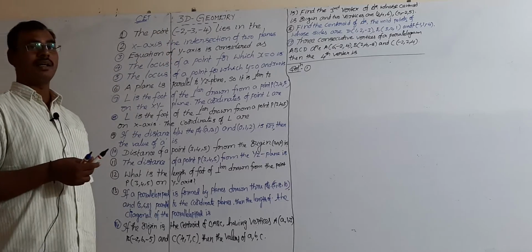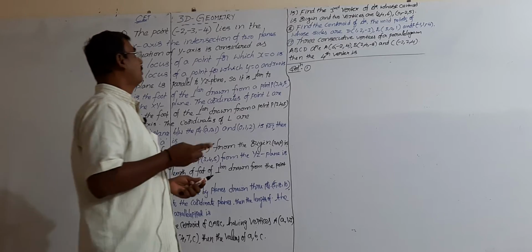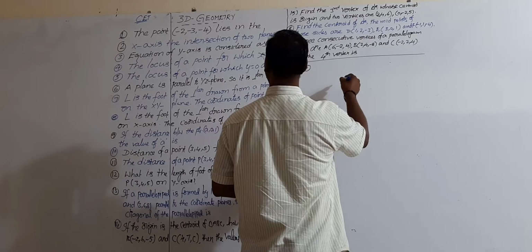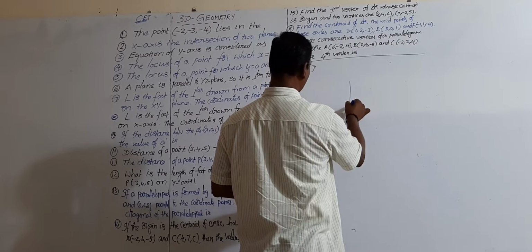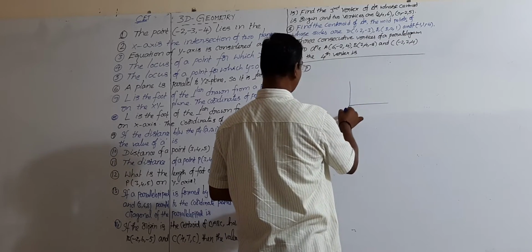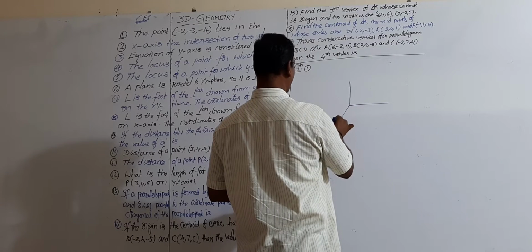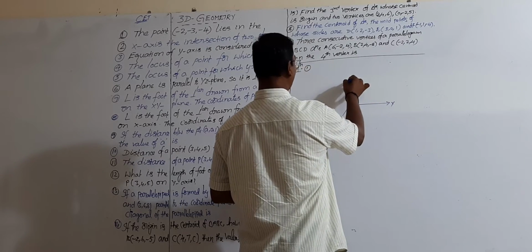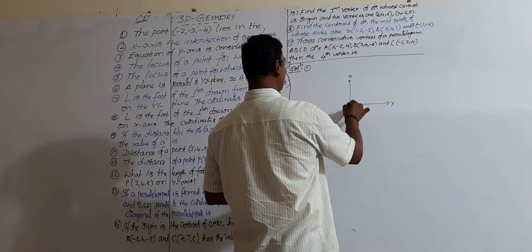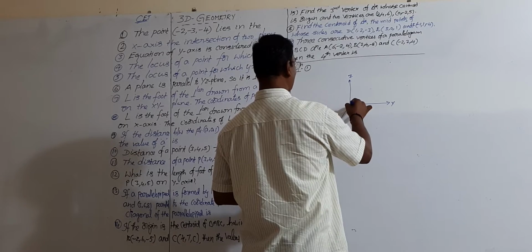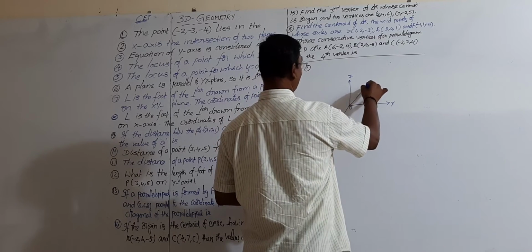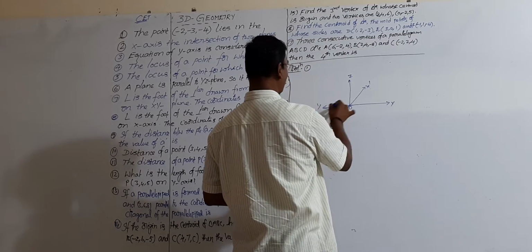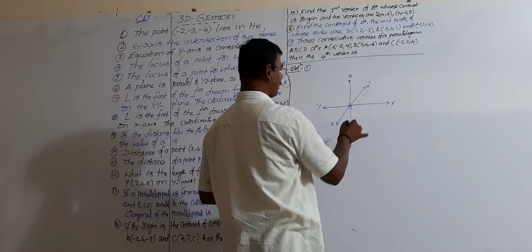To find the octant number, take the coordinate system X, O, Y, Z. So, if I extend this line, x dash, y dash and z dash.